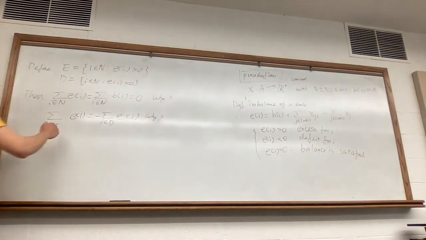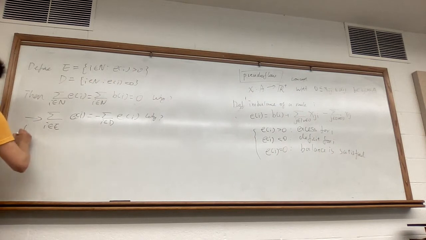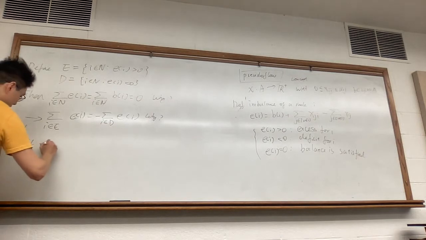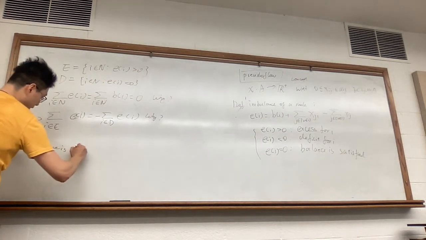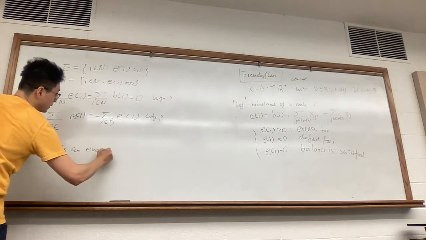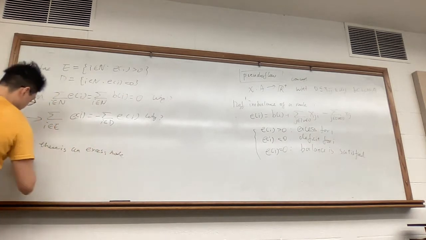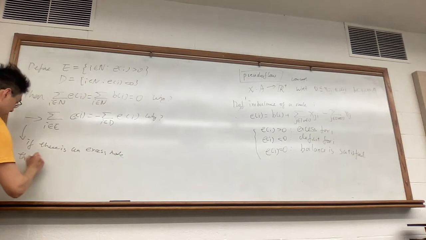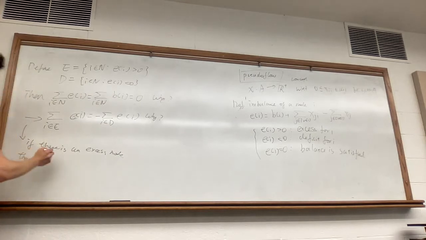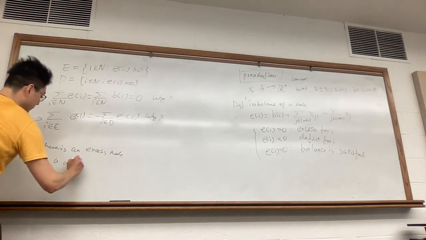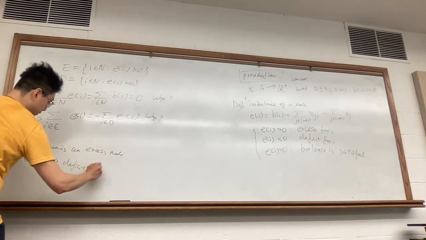Then what can this tell us? This is a very natural question. What does this equation tell us? It tells us that if there is an excess node, then there also exists a deficit node.